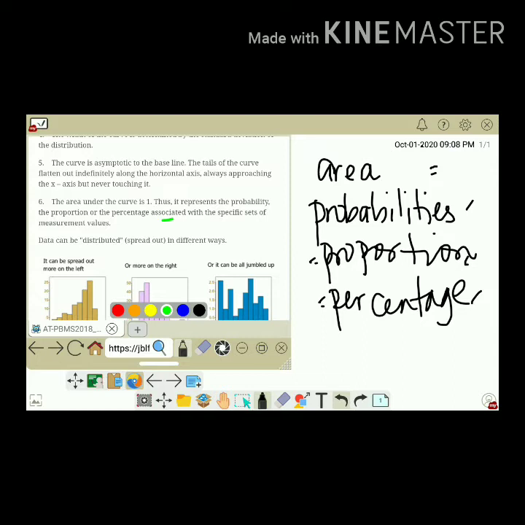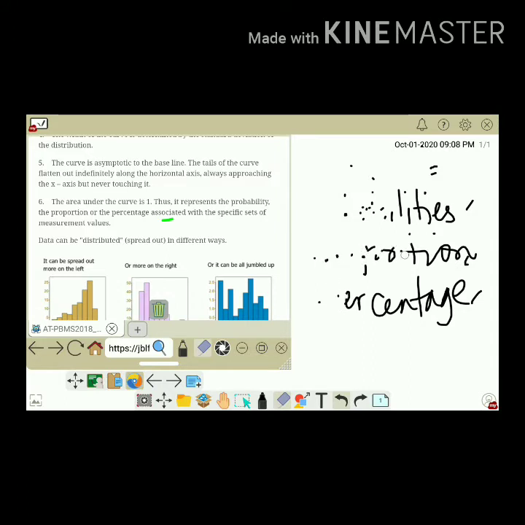But all the same, we are describing the same thing, and you can interchange the words based on how you describe them.